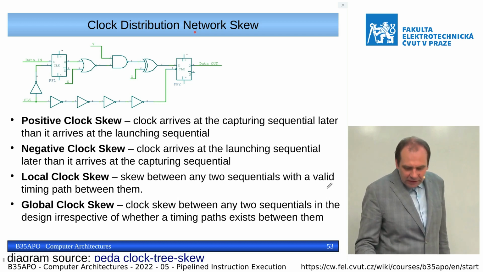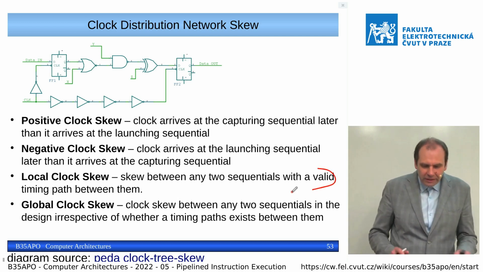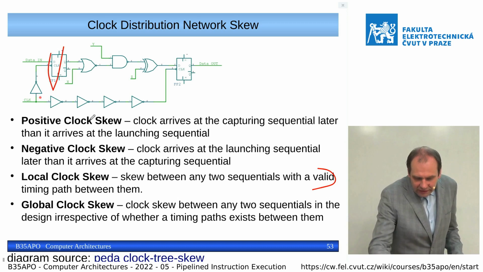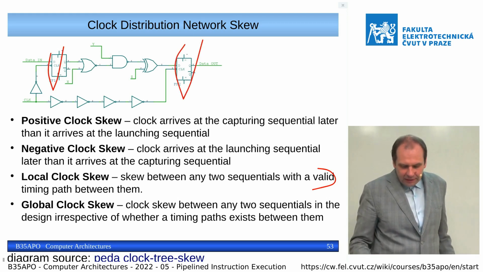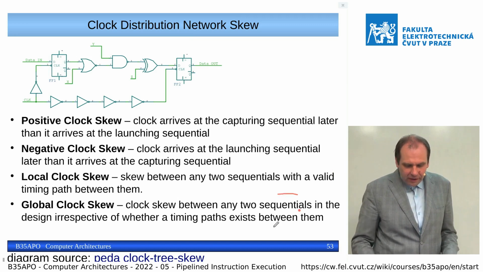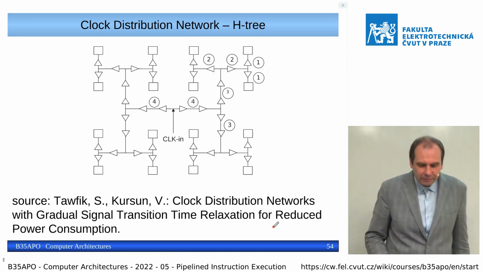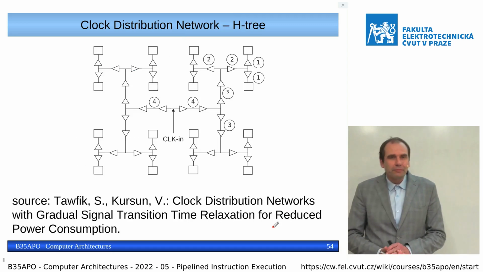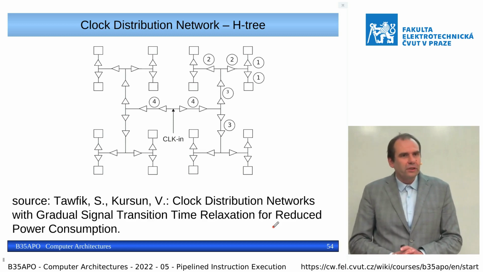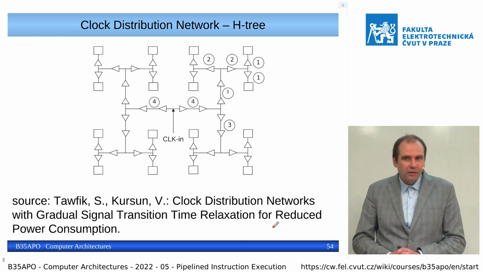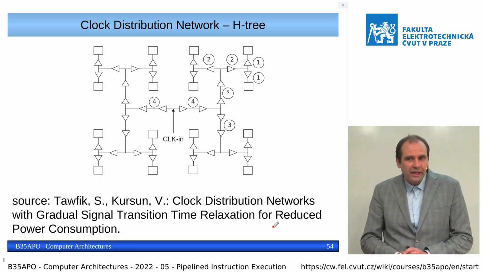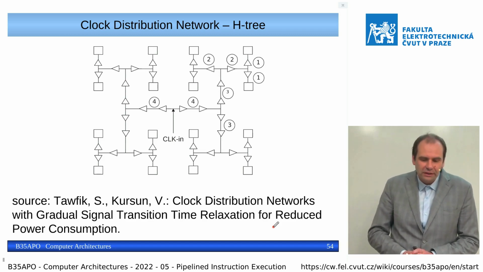It is possible that there is a local clock skew between two directly connected registers, but there can also be a skew on the global level between multiple systems. And if you today want to do something more complex, you quite often use FPGA, programmable logic arrays or circuits and so on.